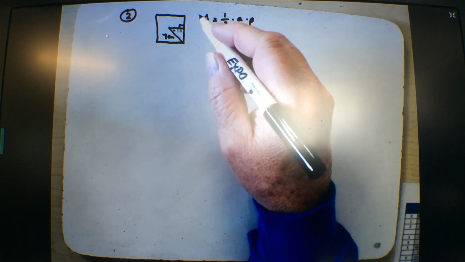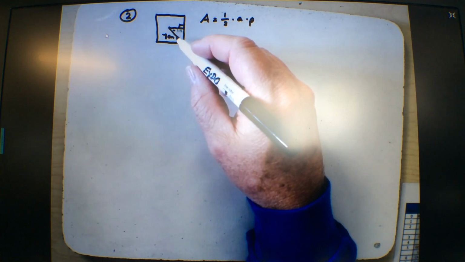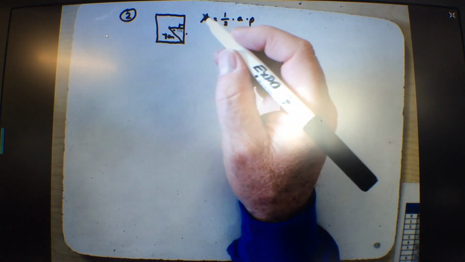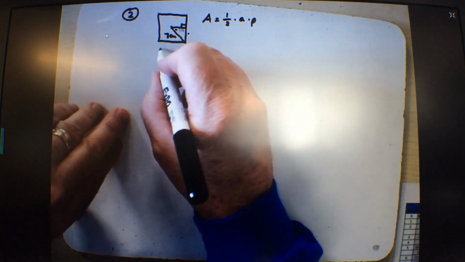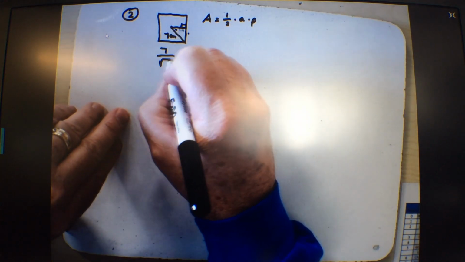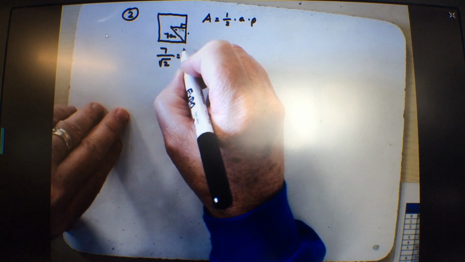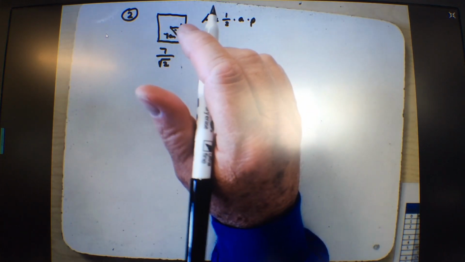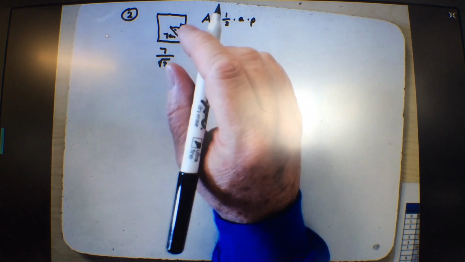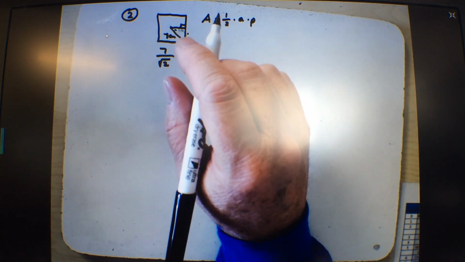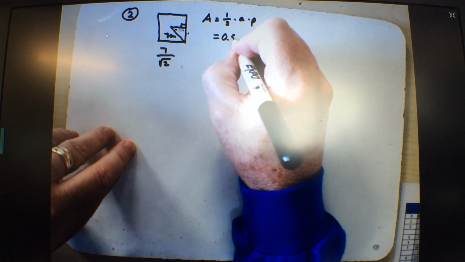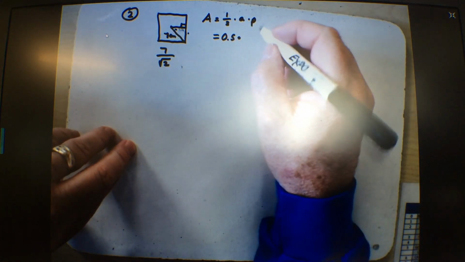45, 45, 90, right? So we have the hypotenuse. How do you find the side? I divide by the square root of 2. So I'm going to take 7 divided by the square root of 2, which, actually, let's not rationalize it. Why? Because we're going to do a decimal anyway, right? So the apothem is how big?